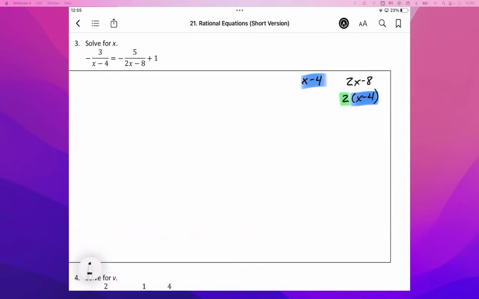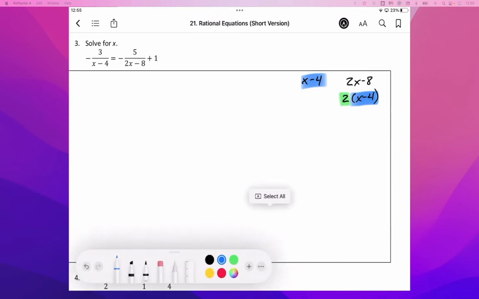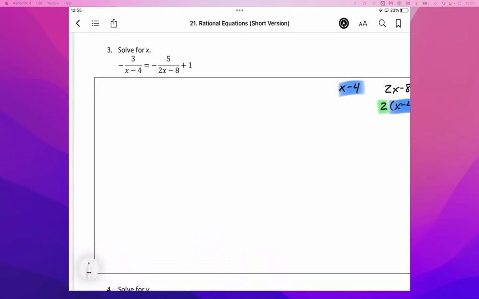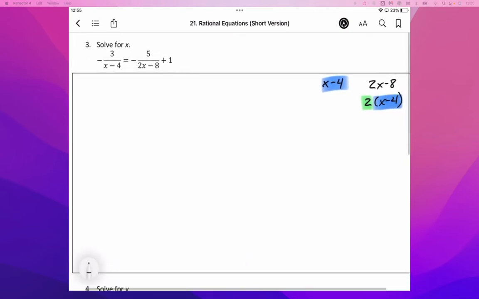So we are going to multiply both sides of this equation by that common denominator, 2 times x minus 4. And so here we go. And we'll do it over 1.